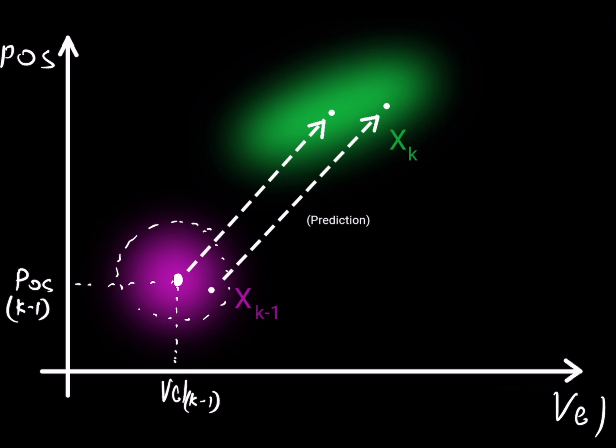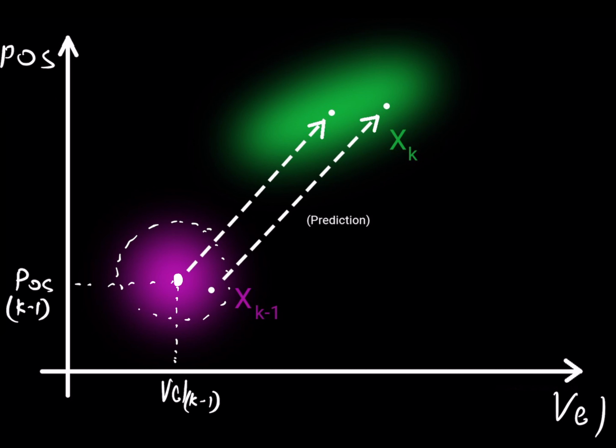Because this circle describes the uncertainty. I have a certain point at which my mean is located, my state vector, but I still don't know. I have uncertainty, and I have a certain cloud of points where I say, I think that I might be here. The idea of the prediction phase is to take every point from the present state, including all the uncertainties, and transfer it to the next state, from x k minus 1 to x k.